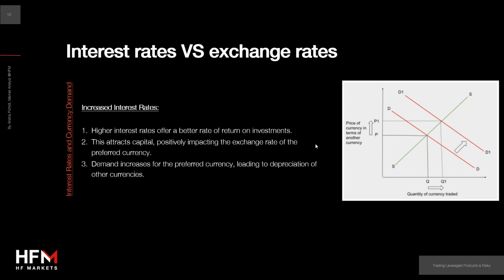So when interest rates are increased, you understand that you can achieve a better rate of return on your savings, right? You have your money in a savings account in the bank. If the interest rate keeps getting higher, you will get a better rate of return on your deposit.